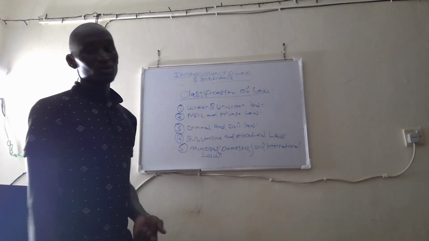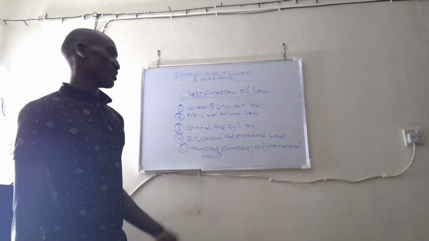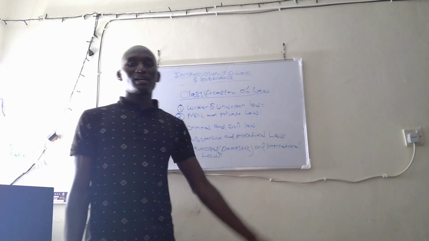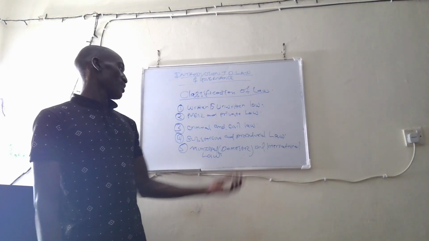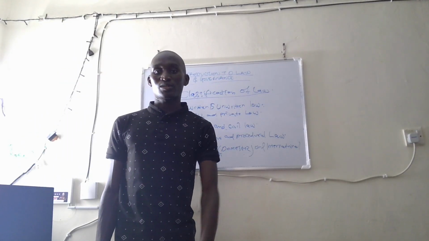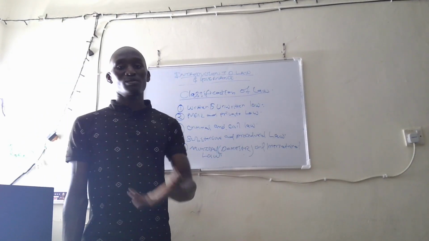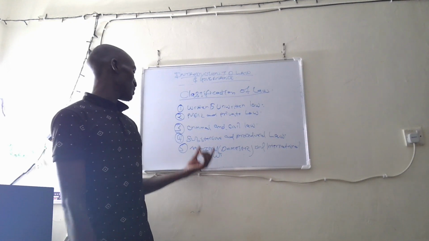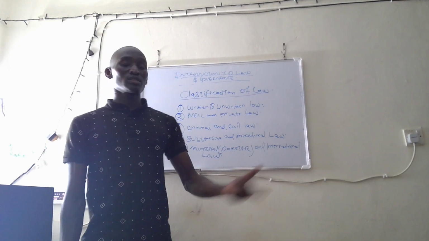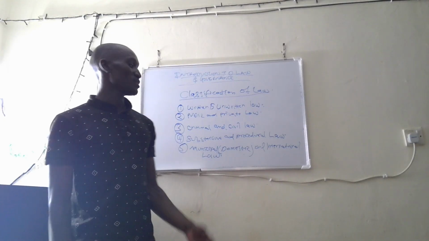We have criminal laws, which govern the relationship between an individual and a state, and civil laws, which govern individual by individual. Then substantive and procedural laws; procedural laws follow a particular procedure.